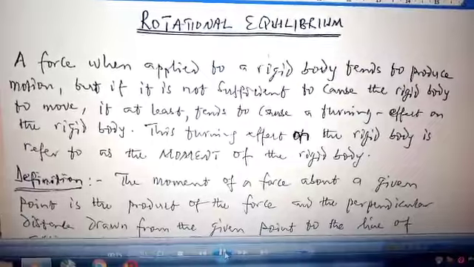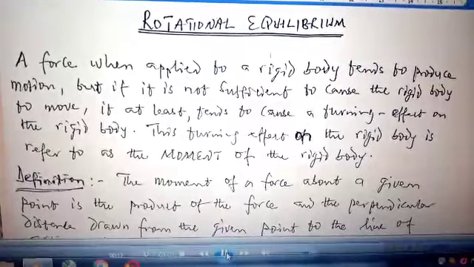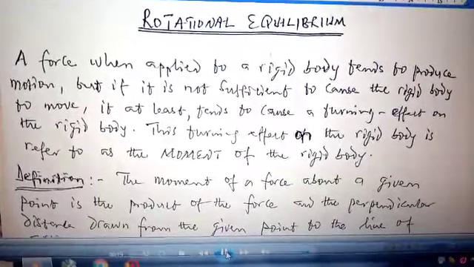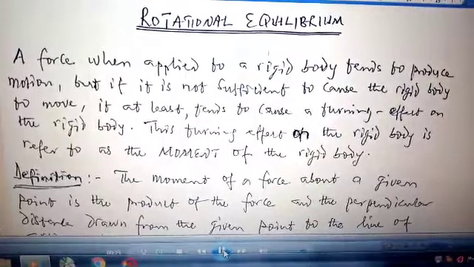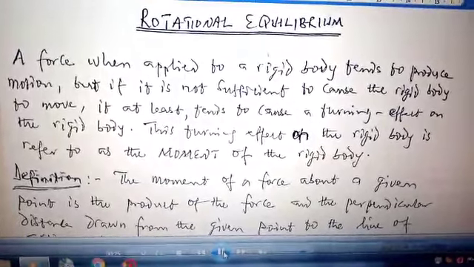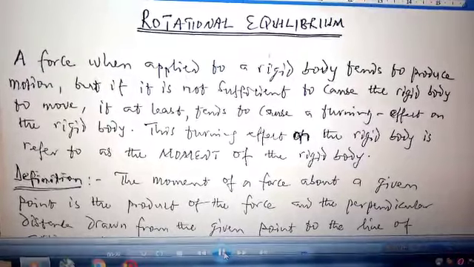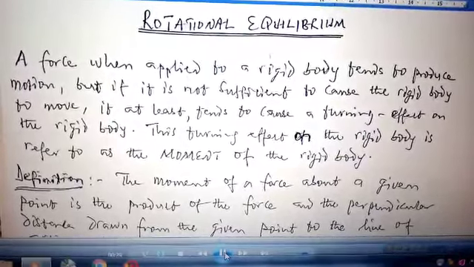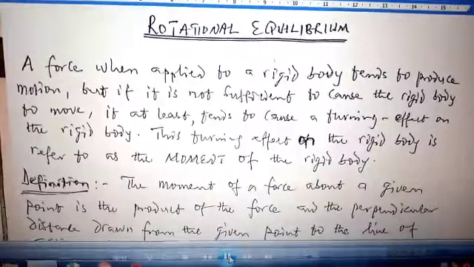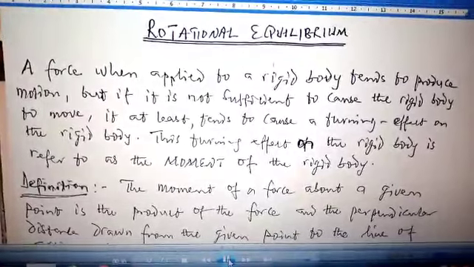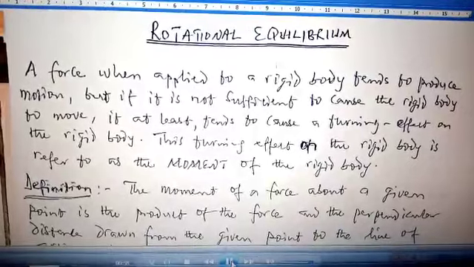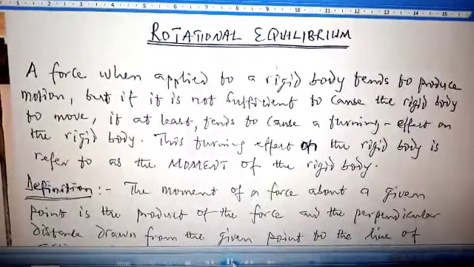So far so good. I've discussed translational equilibrium with you, and I want to just remind you again of the necessary and sufficient conditions that must be satisfied before you can say a system or a body is in translational equilibrium. Number one, the sum of the horizontal components of the force must be equal to what? 0.